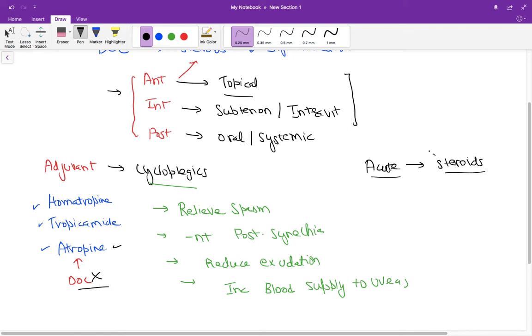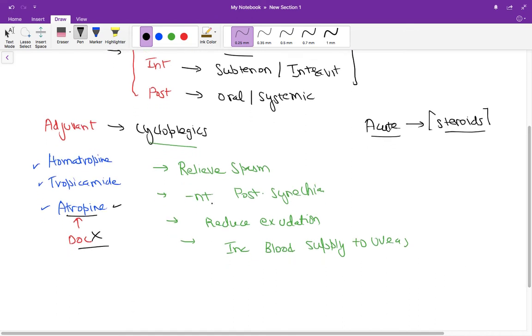So first use steroids, and as soon as the inflammation decreases, the atropine starts acting. So even in the acute cases, your drug of choice would be the steroids.